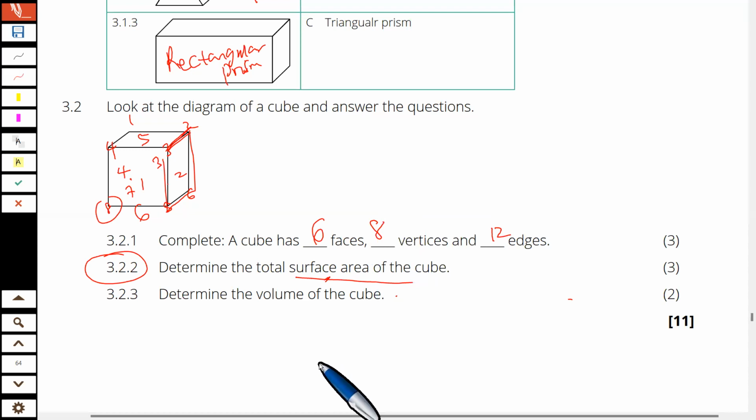Okay, let's look at it. In 3.2.2, the surface area is 6 times the area.